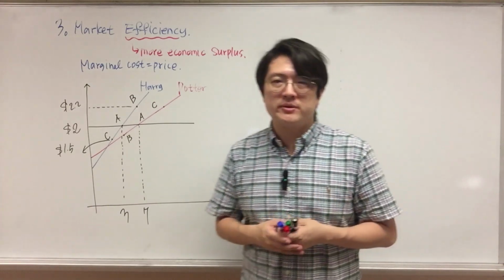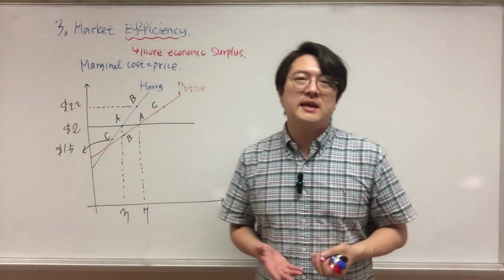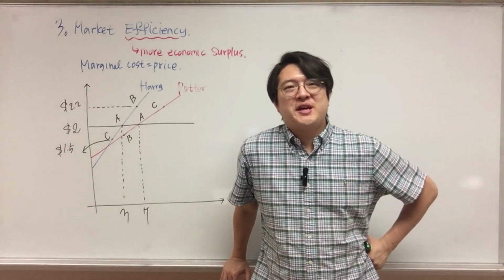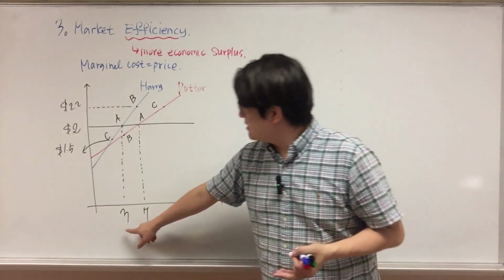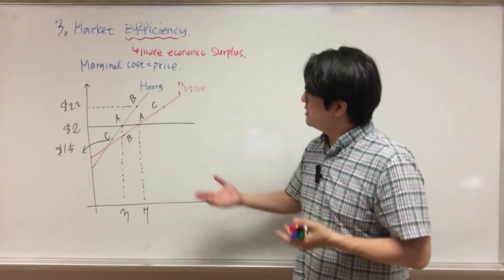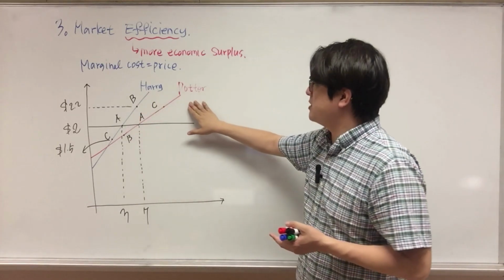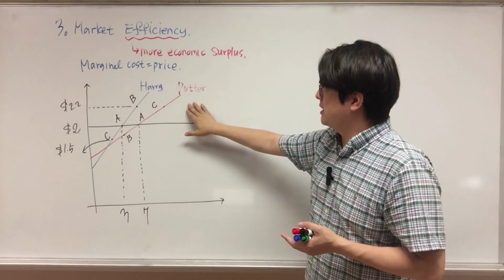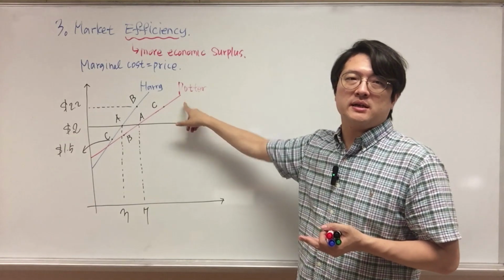So let's look at the graph to see what this means. Let's say that Harry and Potter produce 3 and 7 drinks. Then we have two supply curves. The blue one is Harry's supply curve, and Potter's is a red line.